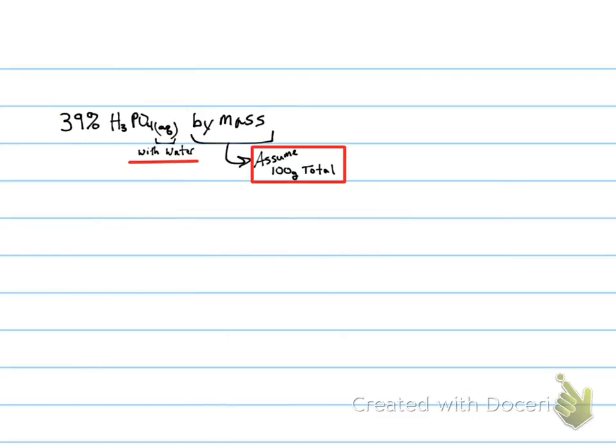So question number one, let's find 39% H3PO4 aqueous with water by mass. And by mass, what we assume always is 100 grams total. So if we have 100 grams total, 39% would be 39 grams plus our unknown grams of water, that will equal 100 grams.